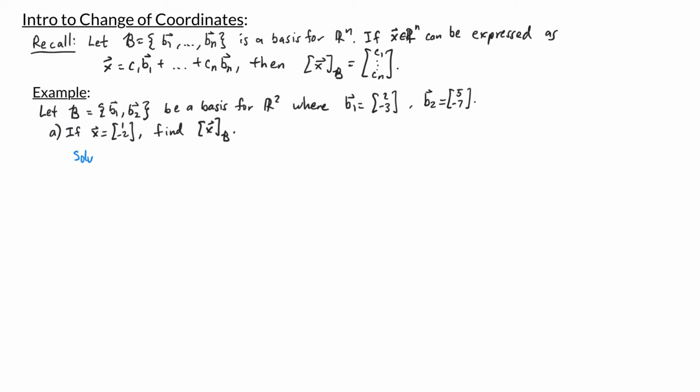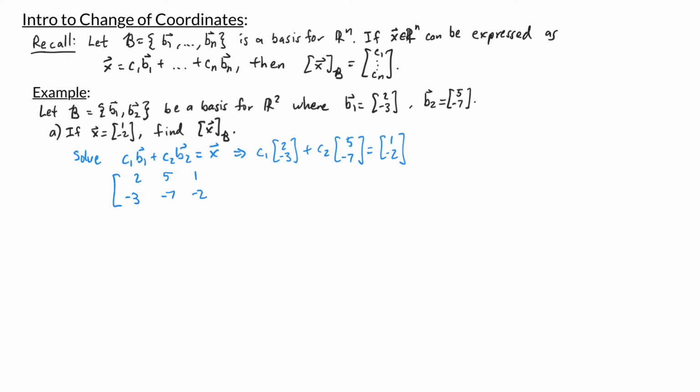So I want to solve the equation c1 times b1 plus c2 times b2 equals x for the weights c1 and c2. So this is the vector equation c1 times 2, -3 plus c2 times 5, -7 equals 1, -2. To solve this vector equation, I can set up the augmented matrix 2, 5, 1, -3, -7, -2.